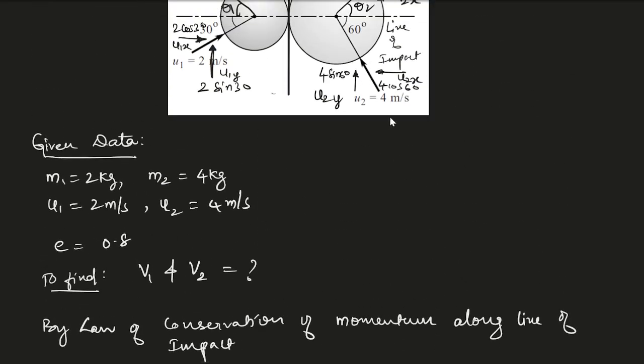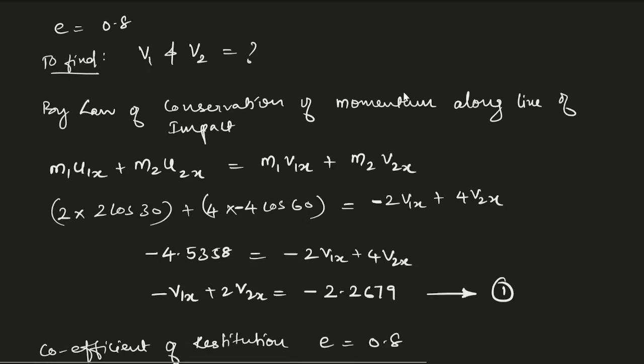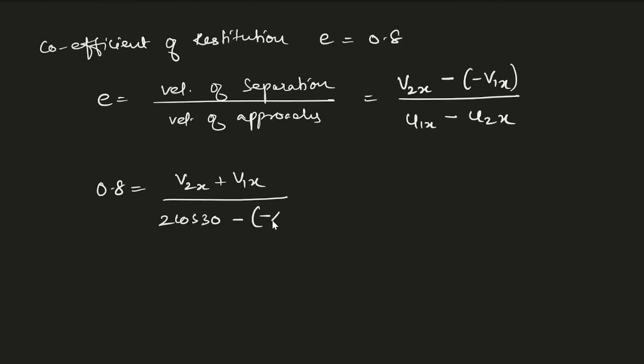So u2x is moving right to left, so negative 4 cos 60. So we'll have v1x plus v2x equal to 2 cos 30, minus, so ultimately it will become plus 4 cos 60, into 0.8. It is 2.9856. This is our second equation.